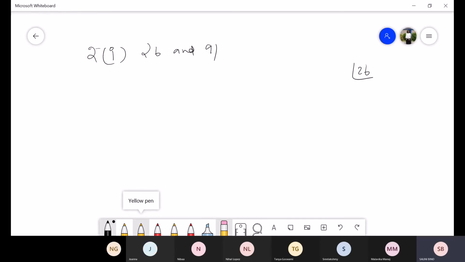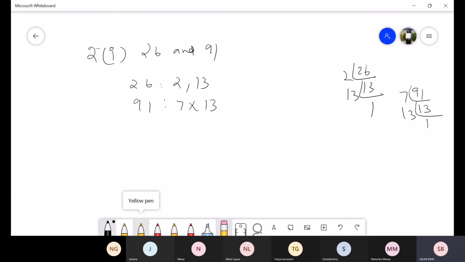Write down 26, you will get 13. So we can write 26, the factors you can write 2 and 13. 91, you have to show the step, right? So 7 and 13.